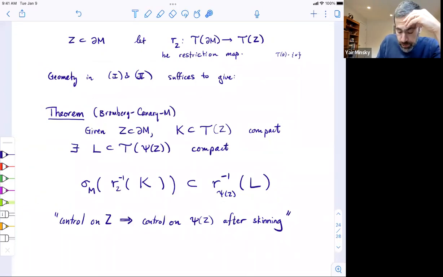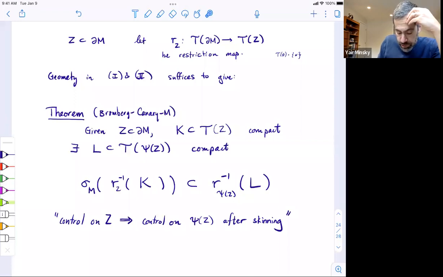It says, if you start with a surface in the boundary and a compact set in its Teichmüller space, then there exists a compact set in the Teichmüller space of its controlled subsurface, so that there's control.